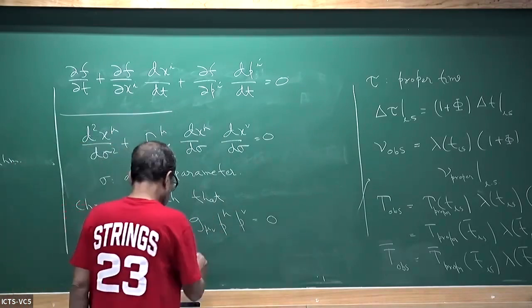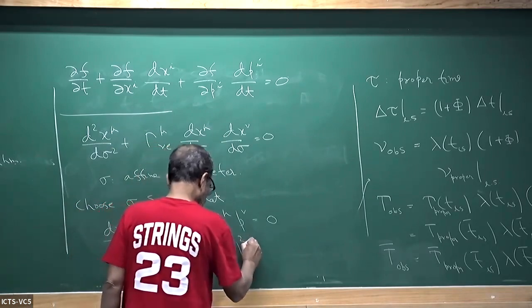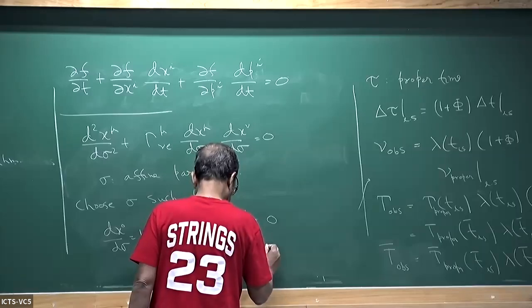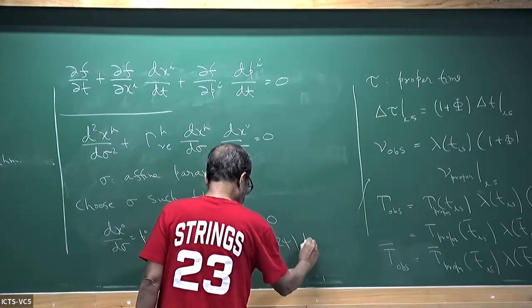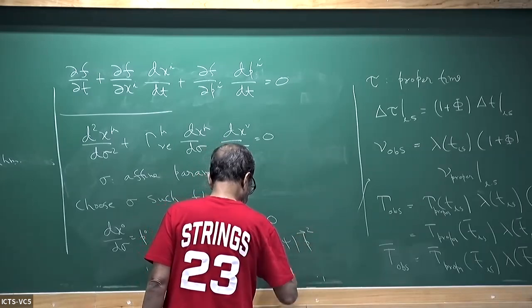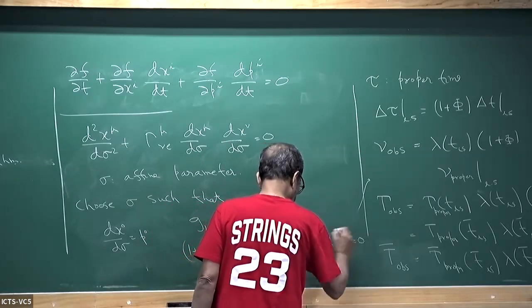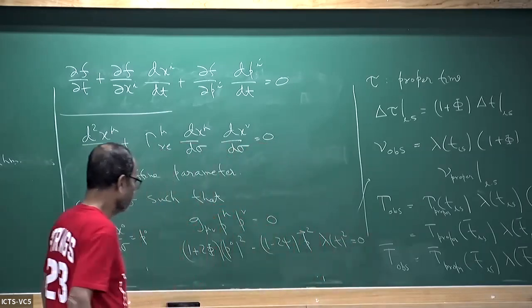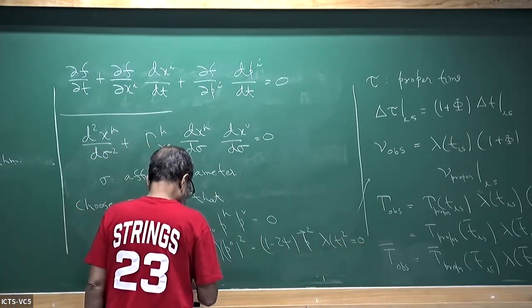So this tells us that (1 plus 2 phi) P0 squared minus (1 minus 2 psi) P squared lambda T squared equals 0.